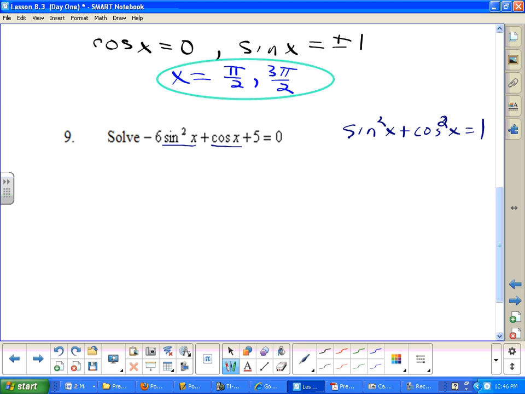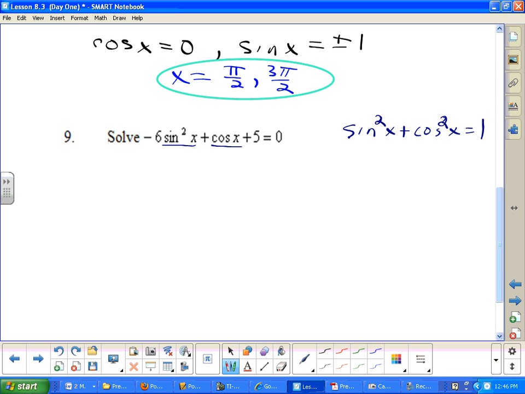This one right here, maybe? The Pythagorean identity that says sine squared of x plus cosine squared of x equals 1. Okay. So sine squared is equal to what? Sine squared is equal to 1 minus cosine squared.